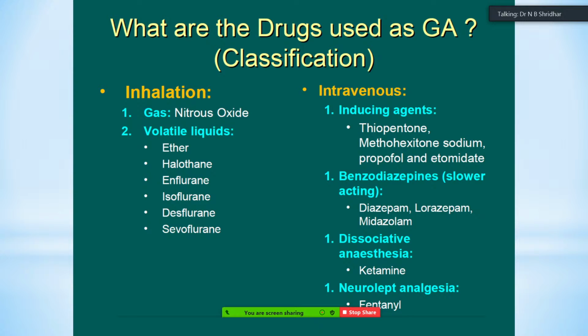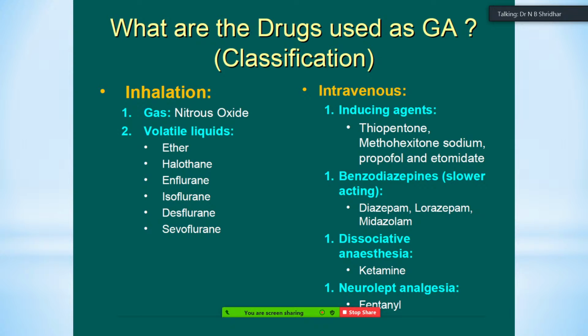Coming to the classification of the drugs in general, the general anesthetics are mainly classified into the inhalant type of anesthetics and the intravenous type. Inhalation anesthesia is usually caused by gases, such as nitrous oxide, and also by volatile liquids like ether, halothane, enflurane, isoflurane, and the fluorinated anesthetics desflurane and sevoflurane.